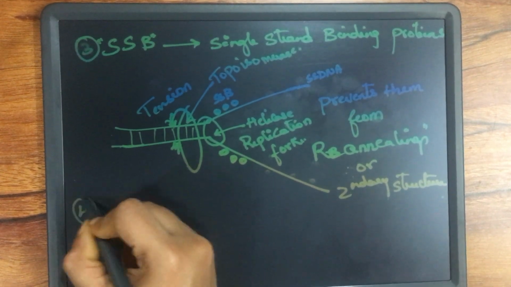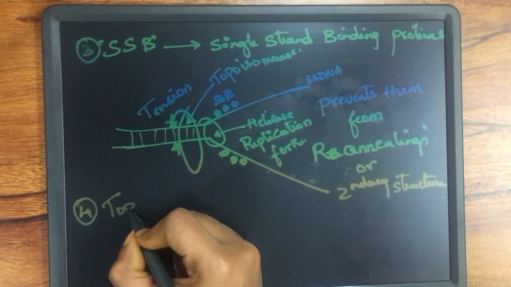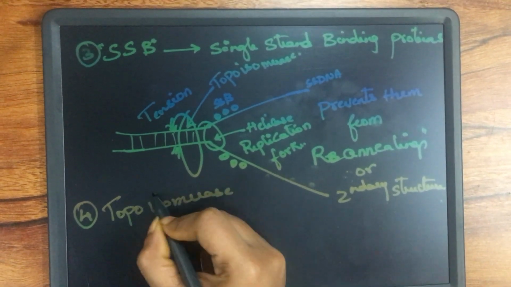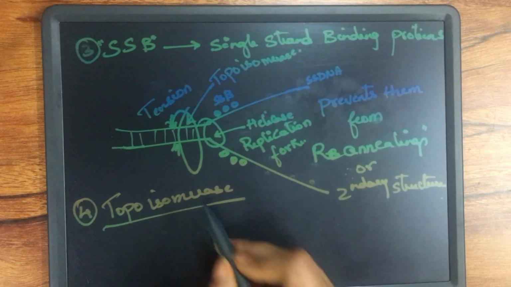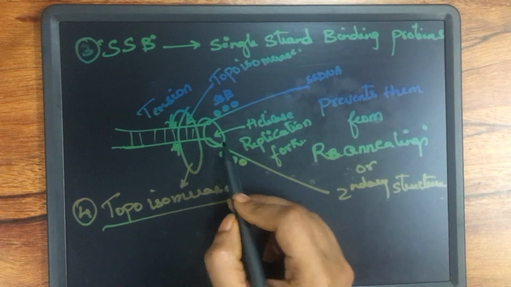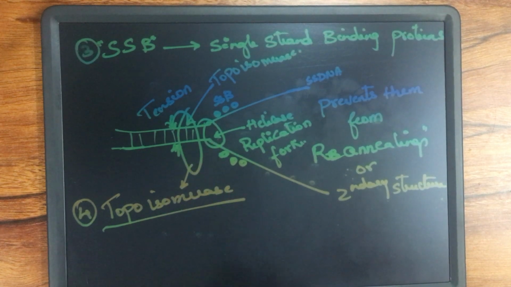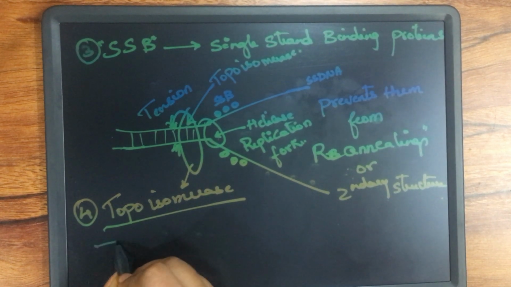So our fourth step is binding of topoisomerase. Topoisomerase comes and binds ahead of the replication fork, that is, ahead of even the helicase enzyme. What does it do?